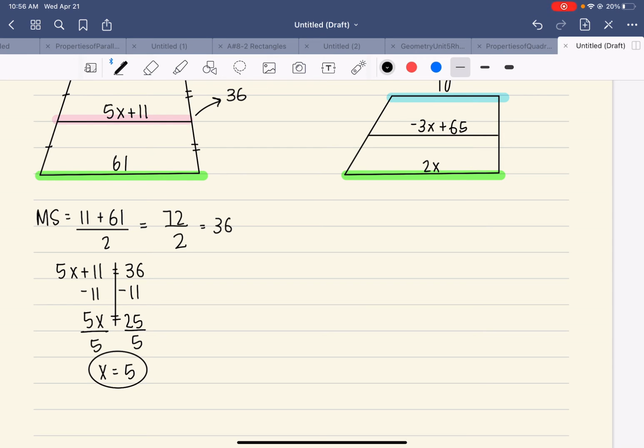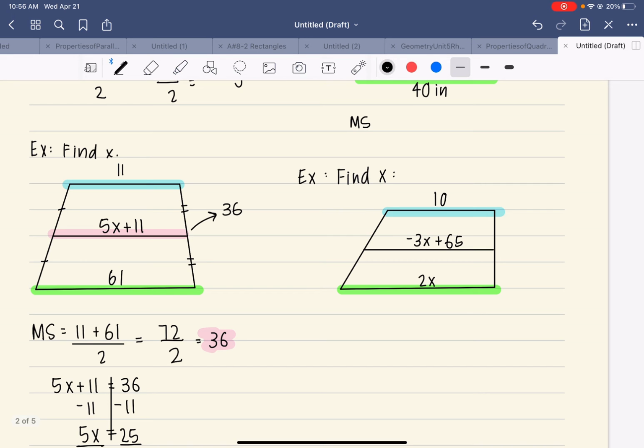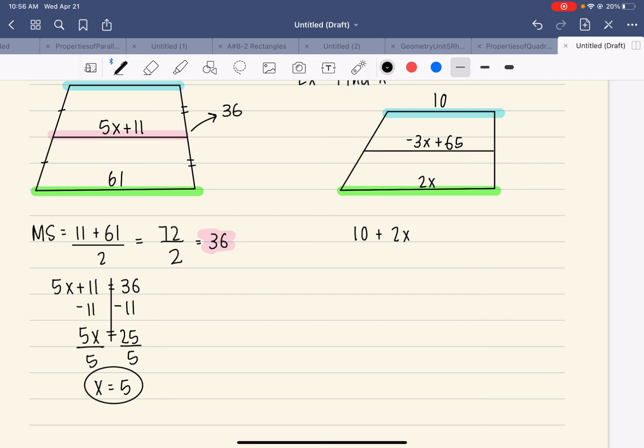But what if it gives me an x value on a base? This is when things are going to get a little bit trickier. It's still going to be the same: base 1 plus base 2, so 10 plus 2x, divided by 2 will equal the mid-segment.